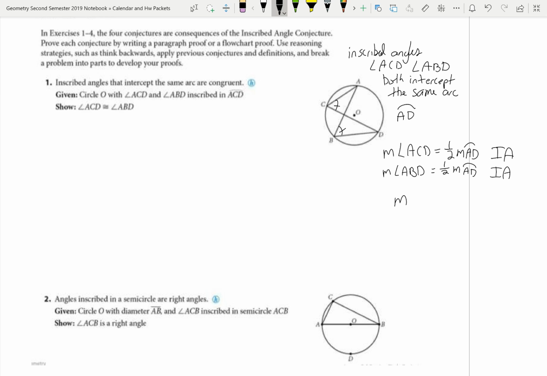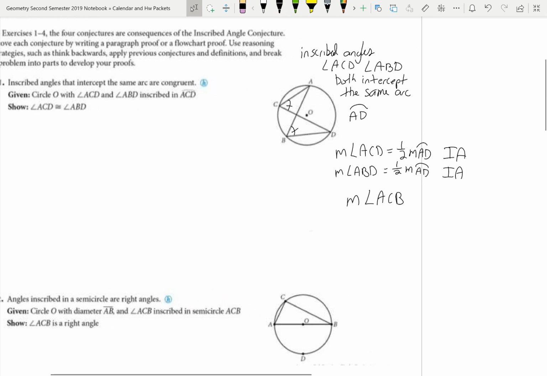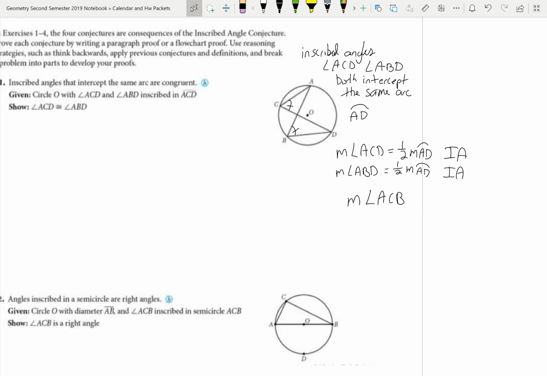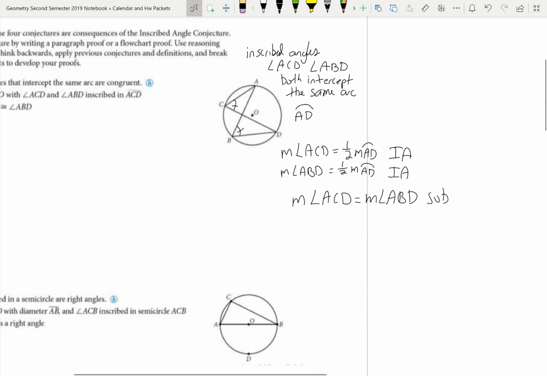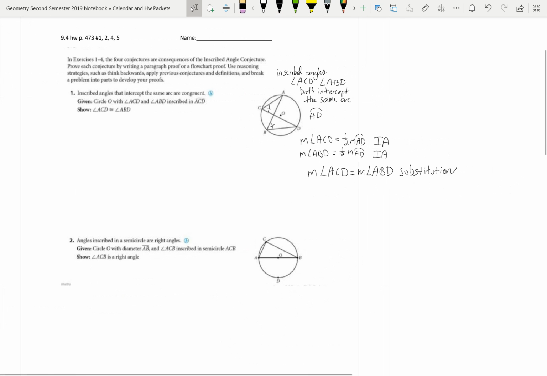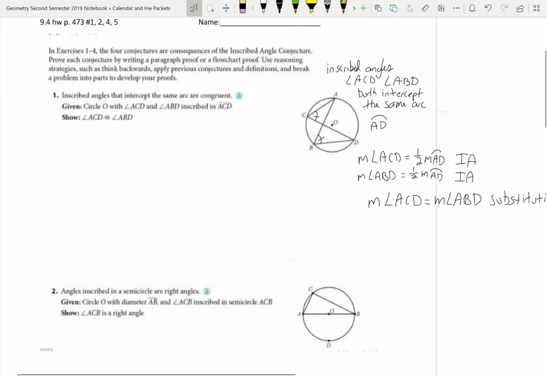So I could say then that these are the same, by substitution. All right, and that's what I'm trying to show. So it looks like I'm ready to write my proof.